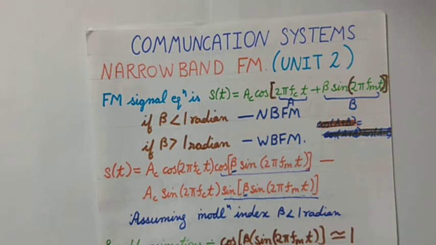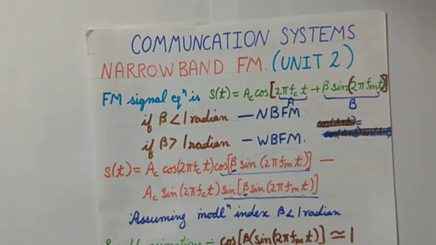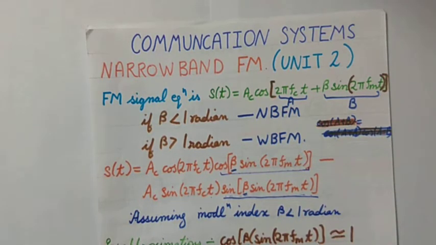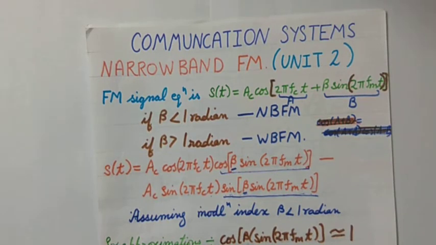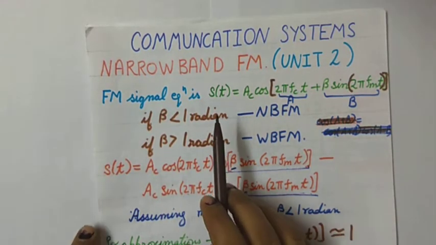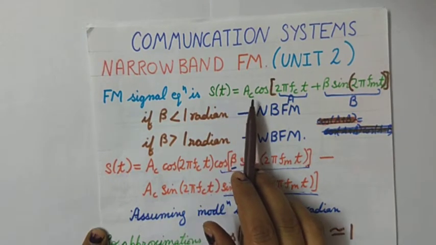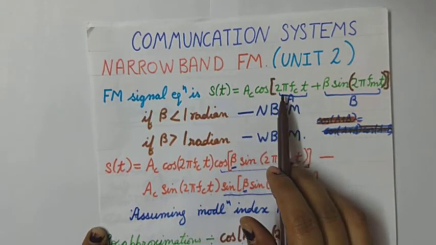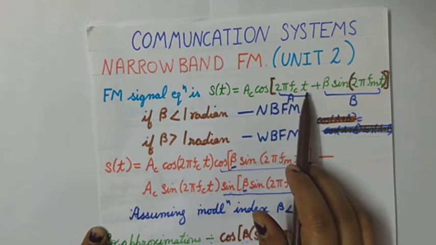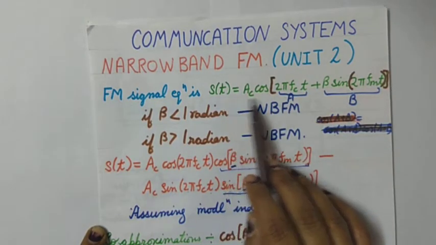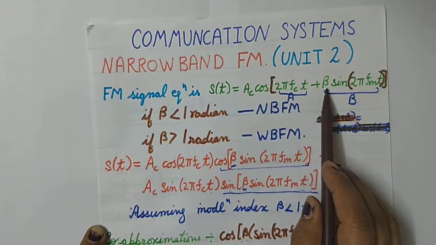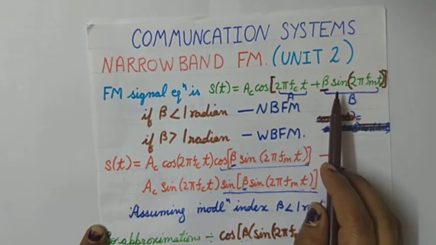Today we are going to see another topic of Unit 2, which is Narrowband FM. In our previous video lecture, we saw that the equation of FM signal we obtained as s(t) equals Ac cos theta i(t), and theta i(t) was 2 pi fc t plus beta sine 2 pi fm t. And for FM, we saw that the modulation index beta can have two values.